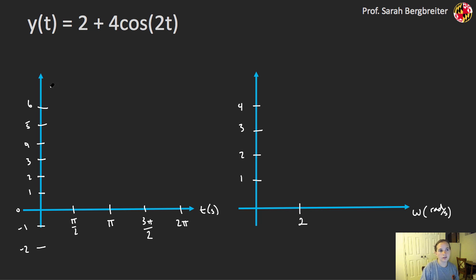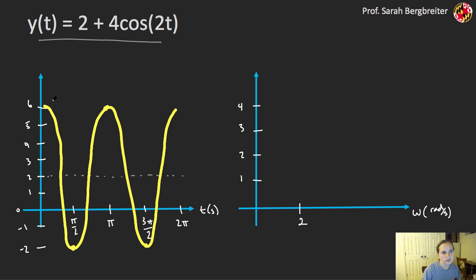So I'm going to start with this sample signal right here, where I have 2 plus 4 cosine of 2t. I'm going to do my best to sketch a sinusoid for you. Okay, so I used a number of different parameters in order to sketch this sinusoid. So my omega here is 2 radians per second.